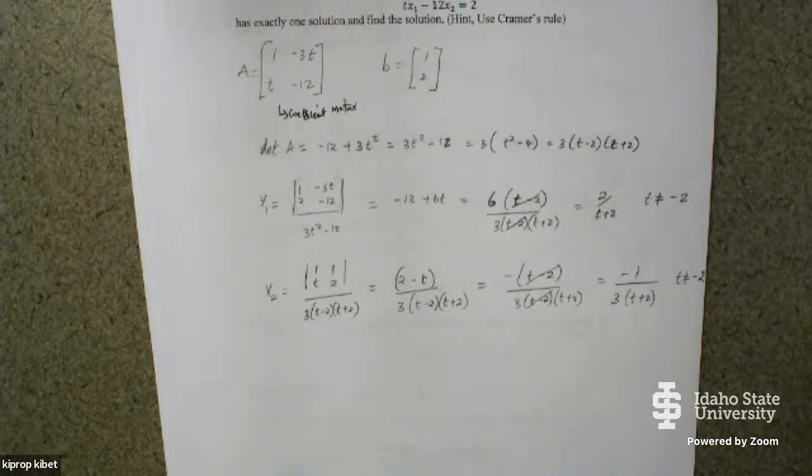now getting that, multiply this and this minus this, and so what you get is that. Now x1: you replace the first column here with that B there, and then you get the determinant. So when you get the determinant of this, you get -12 plus 6t. So you can factor out 6 there.